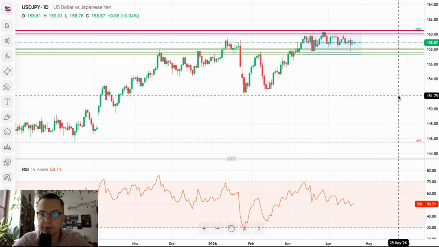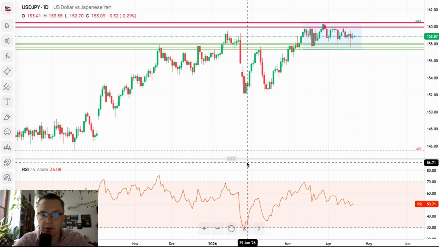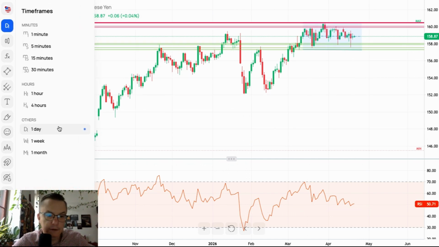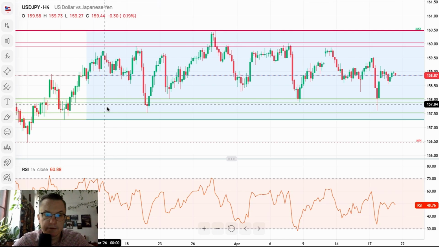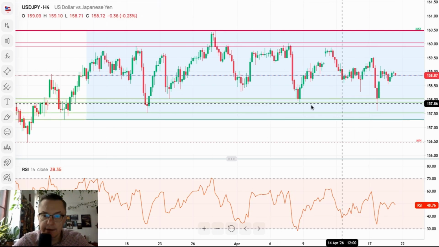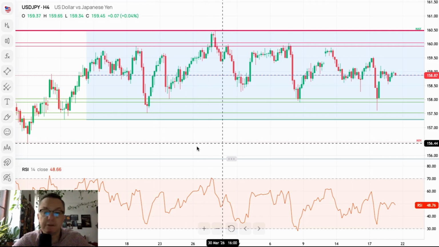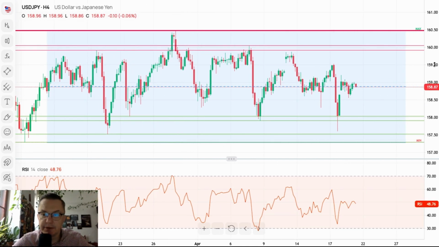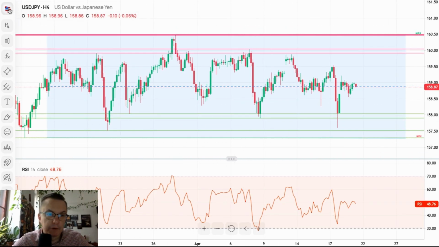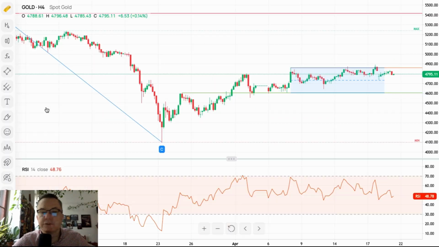Otherwise it would be accumulating. Nevertheless, if you take a look closely at all of the local lows, all of the local lows are being bought back up, right? So the situation is not that clear on the US dollar versus the Japanese yen. It needs to be monitored closely in the future.